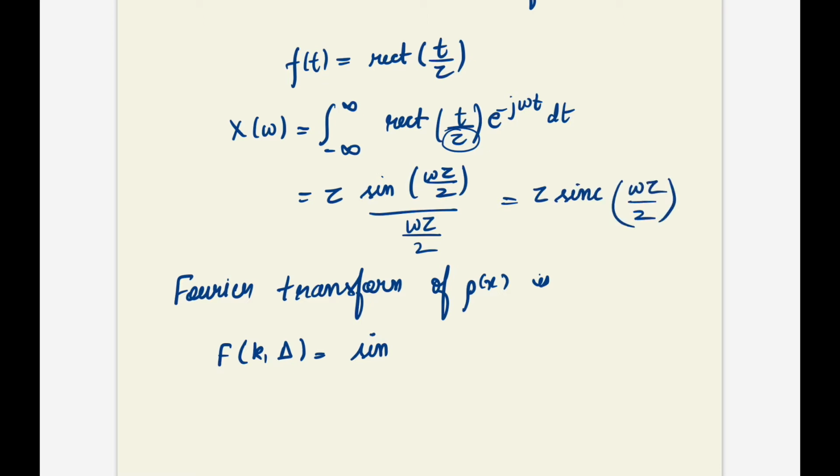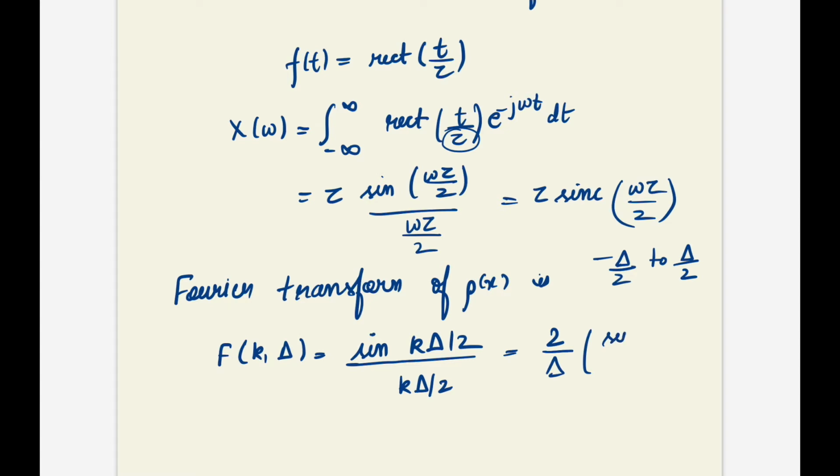Now F of k delta is sine of k delta by 2, with the Fourier transform done in the limit minus delta by 2 to delta by 2. So we will get the following, k delta by 2, which can appropriately be written like this: 2 by delta, sine k delta by 2 divided by k.